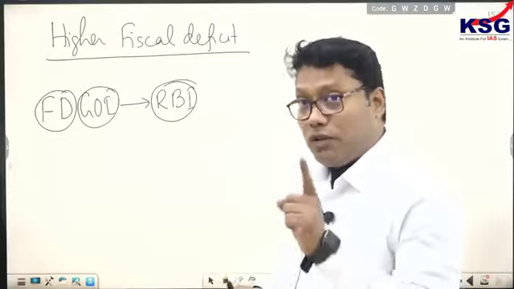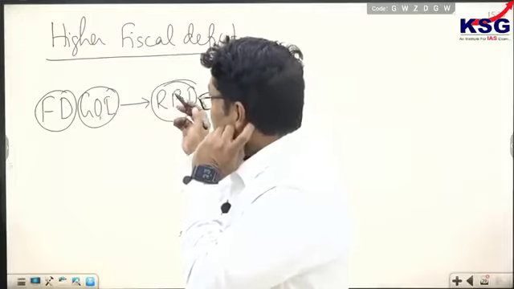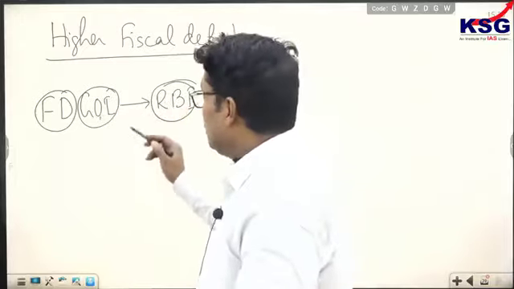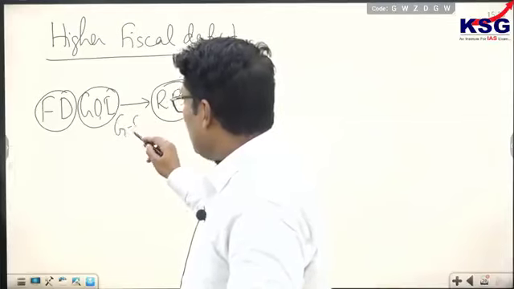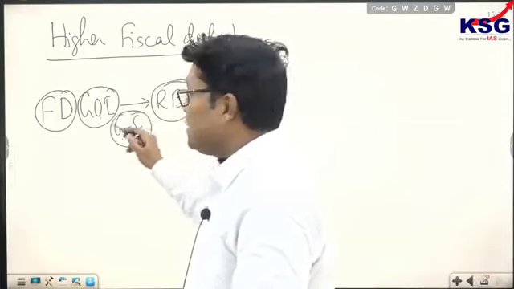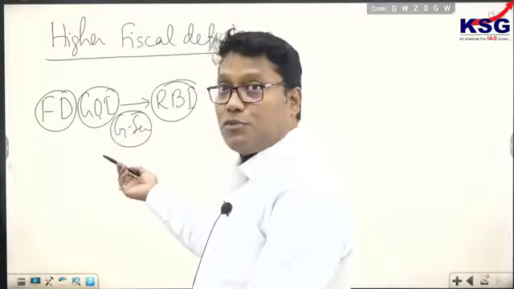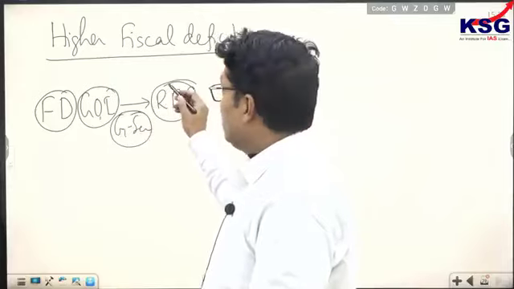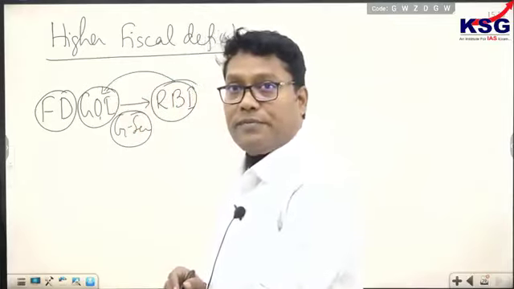So one way is, the Government of India can borrow from the RBI. The Government of India will give GSEC, government securities, which I already discussed. They are debt instruments. So the Government of India will give GSEC to RBI, and RBI will lend money to the Government of India.